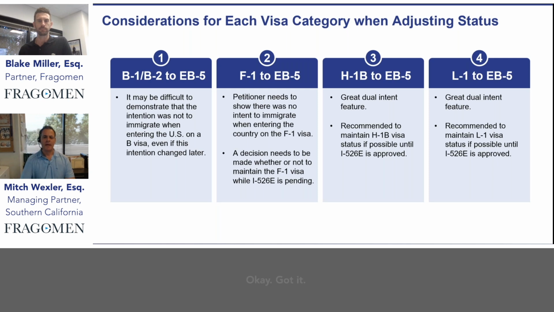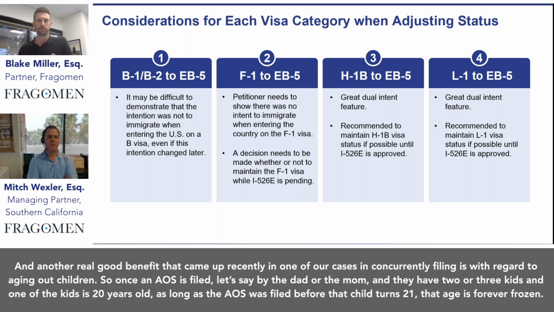Okay, got it. Another really good benefit that came up recently in one of our cases in concurrently filing is with regard to aging out children. So once AOS is filed, let's say by the dad or the mom, and they have 2 or 3 kids, and one of the kids is 20 years old, as long as the AOS was filed before that child turns 21, that age is forever frozen.